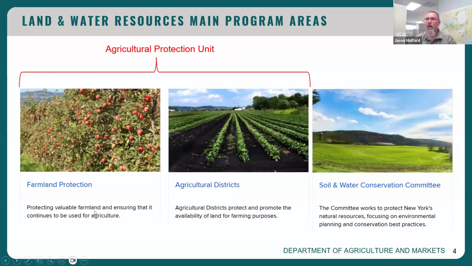And I include farmland protection and agricultural districts as part of the Ag Protection Unit. The Soil and Water Conservation Committee and its staff and technical staff are a large percentage of the unit, but today we're just going to focus on what I officially manage. You may be familiar with the Soil and Water Conservation Districts.